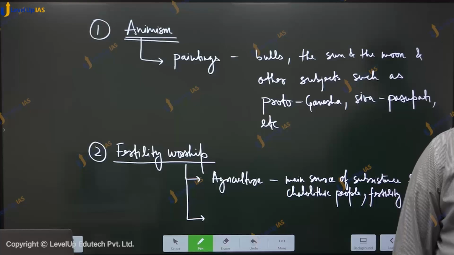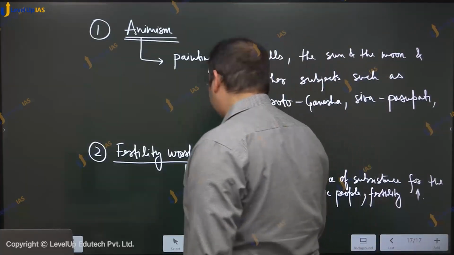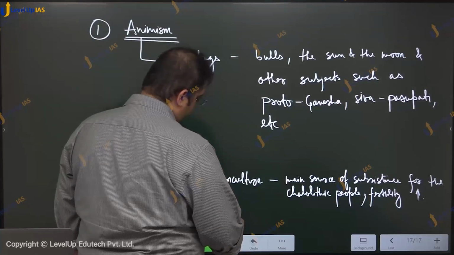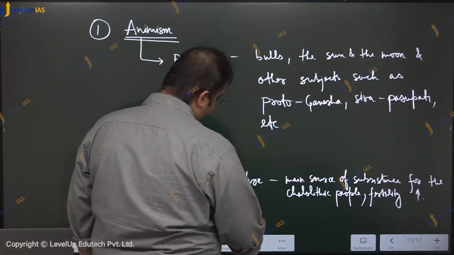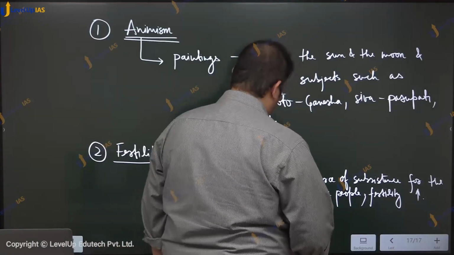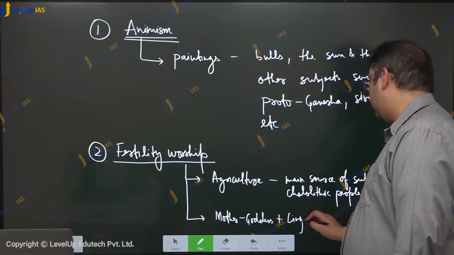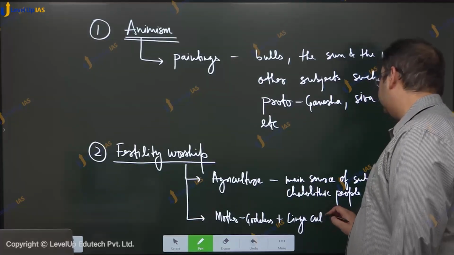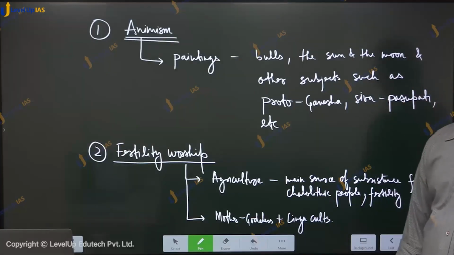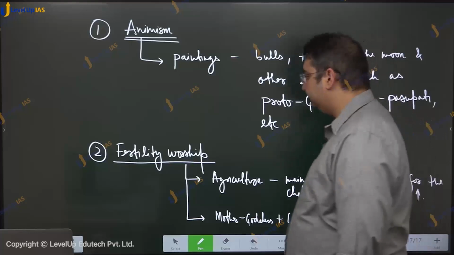In Malwa and Jorwe cultures, the mother goddess and Linga cults were widespread.